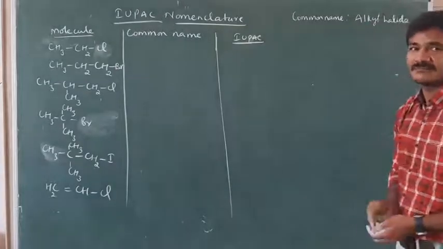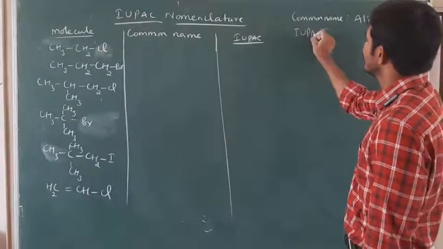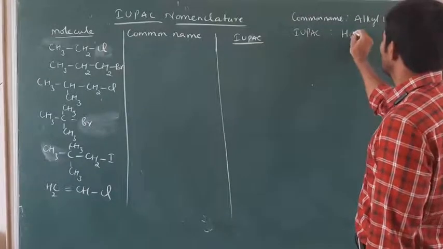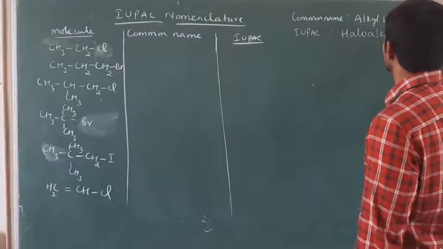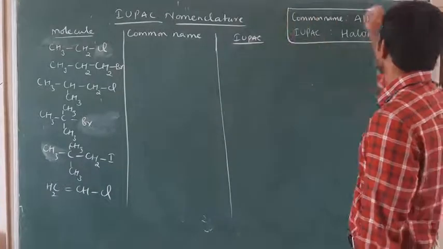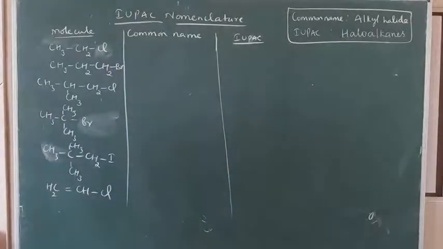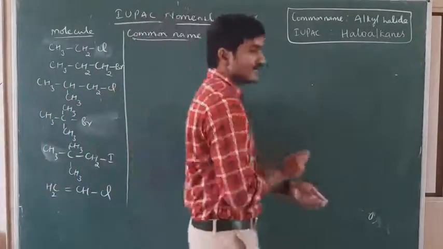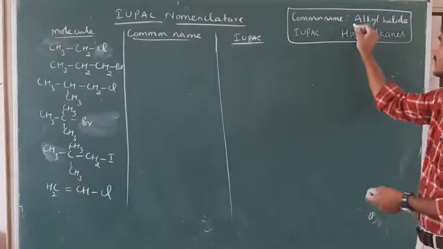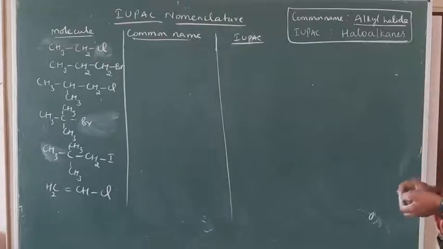Alkyl halide is the common name. The IUPAC name we write as haloalkanes. So observe these two. When writing the name, we write the common name as well as the IUPAC name. Common name, alkyl halide. IUPAC name, haloalkanes.